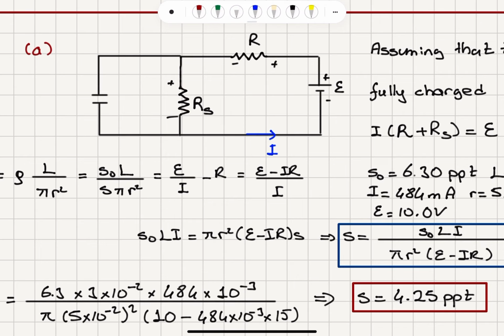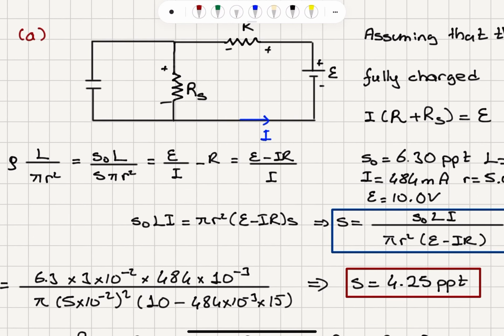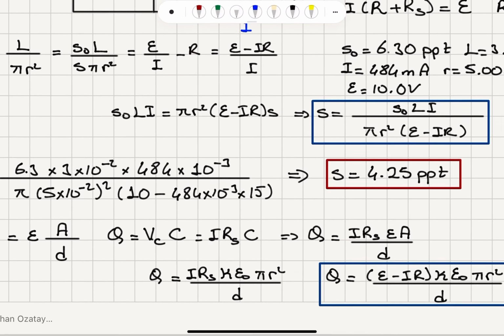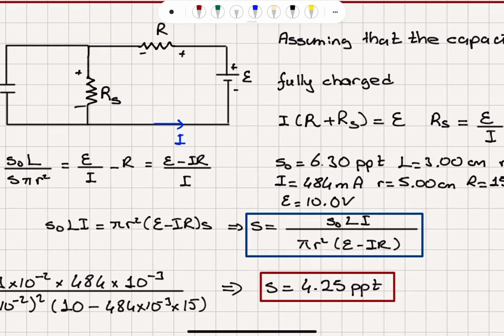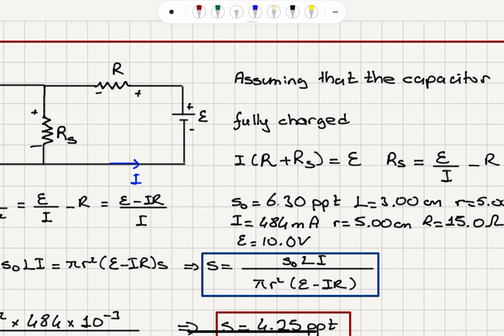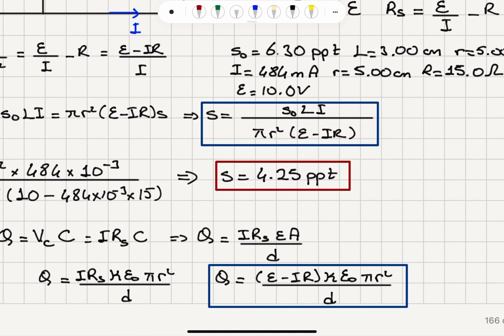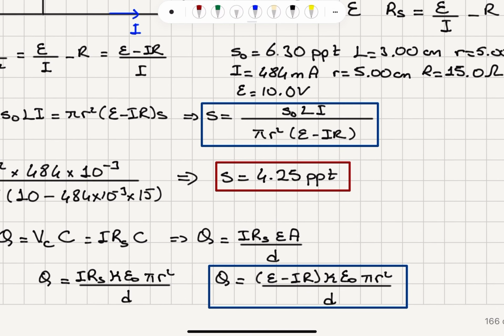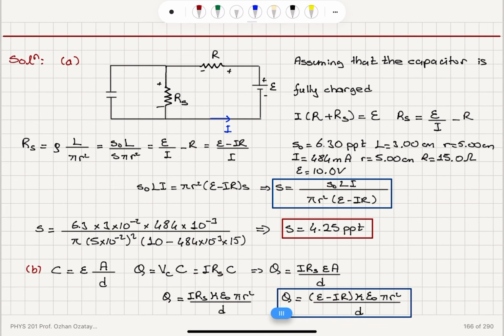It's the same voltage across this resistor here, and I times Rs is equal to epsilon minus IR, so I can substitute that here. Kappa epsilon 0 is the relative permittivity multiplied by the permittivity of free space, times pi r squared divided by d, the separation between the plates.